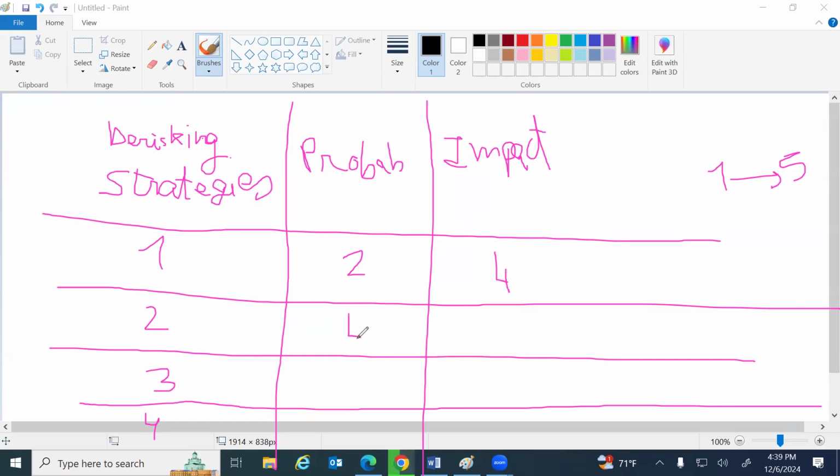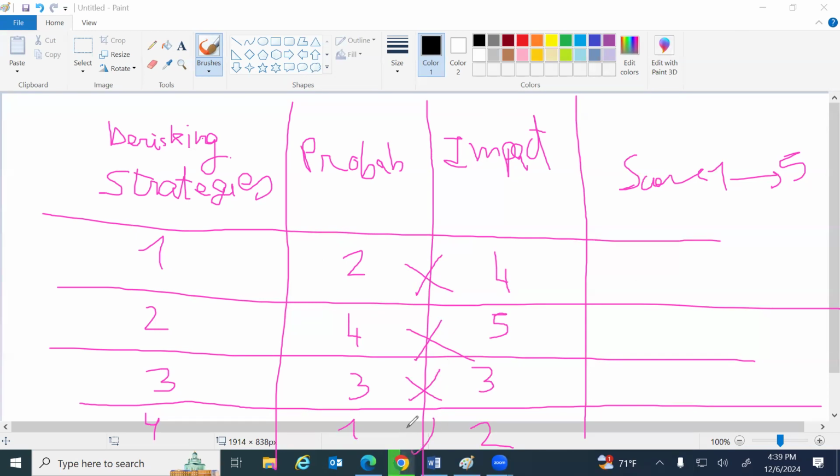I will put any numbers here. So let's say 4 and 5, 3 and 3, and 1 and 2. Okay. Now, the total score for each strategy will be just obtained by multiplying the probability by the impact.